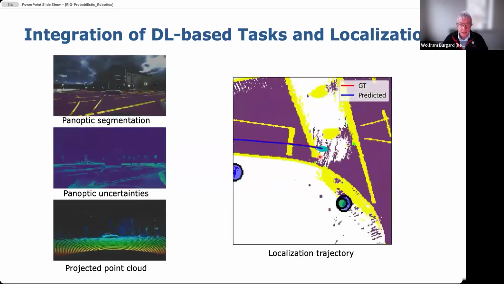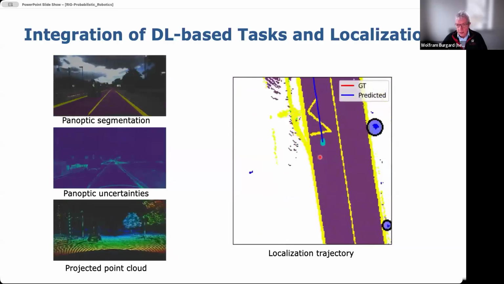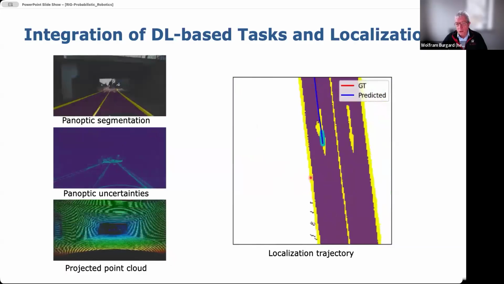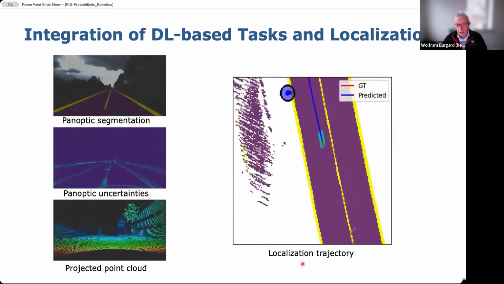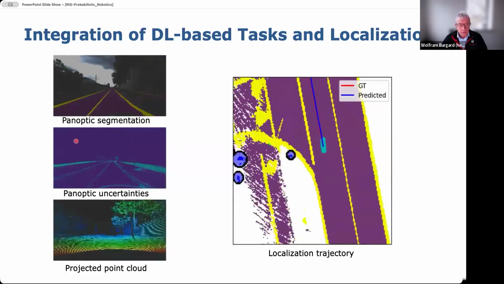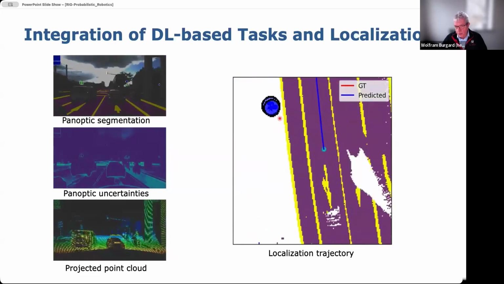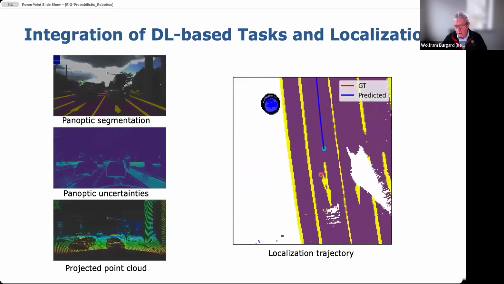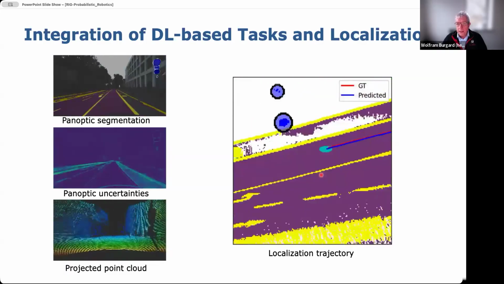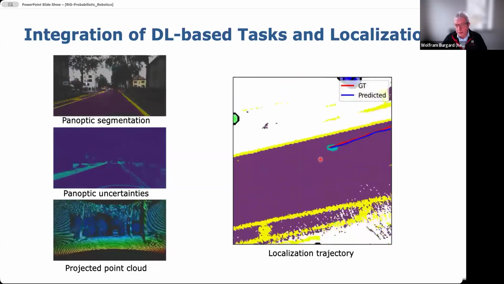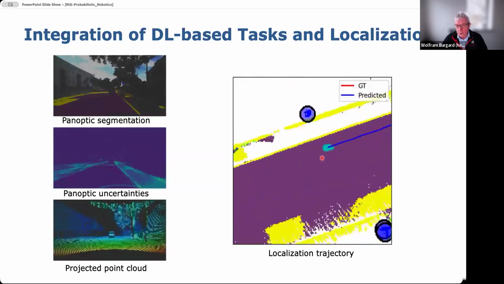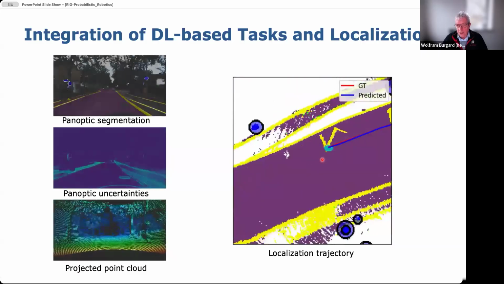And on the right-hand side, you can see a particle filter working using these individual classes that you see here, like panoptic uncertainties, road boundaries, street signs, poles, and so on. Here the car is stuck in front of a traffic light. Whenever the particle cloud expands, that means there's a higher uncertainty.